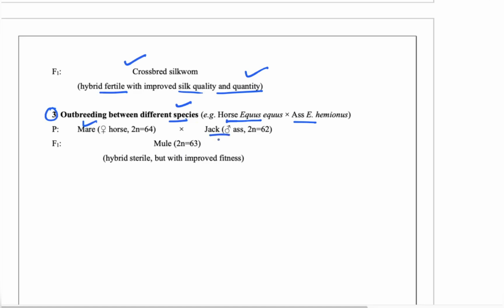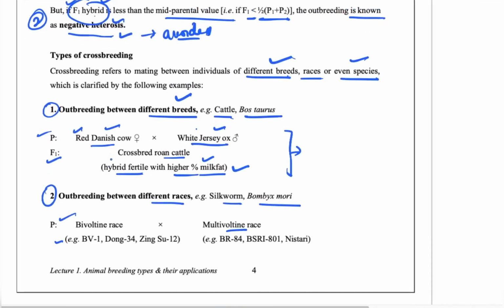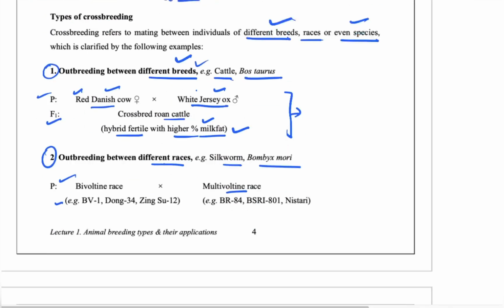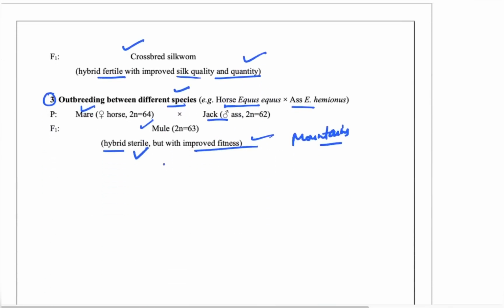So mare and jack are crossed and you have mule, which is basically a hybrid which is sterile, not reproducible, but with improved fitness. And it is commonly produced in mountain areas. And this is a very important example of outbreeding. So you have three different ways: between different breeds, or between different races, or between different species even.